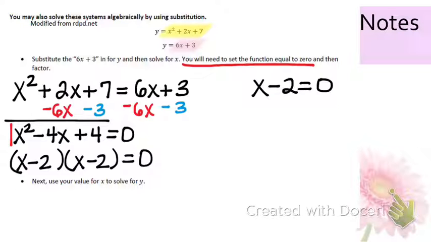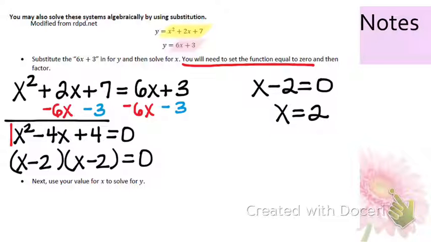There's no need to solve the same equation twice because we're going to get the same number. Now, if this was different, and we're going to do a couple more examples, then I would set them both equal to 0. But for this one, we have the exact same thing. So if x minus 2 equals 0, then x equals 2.